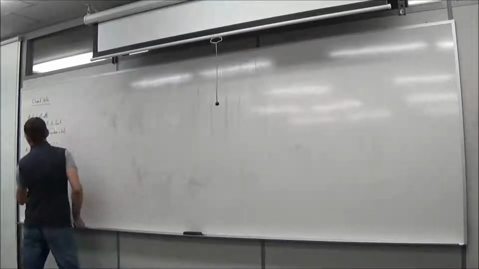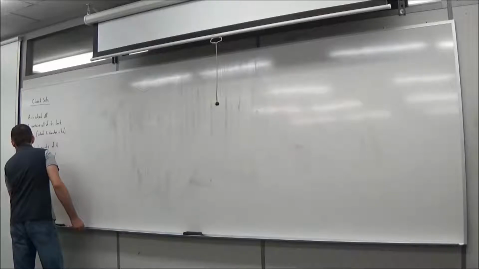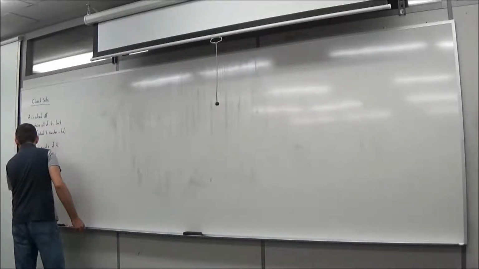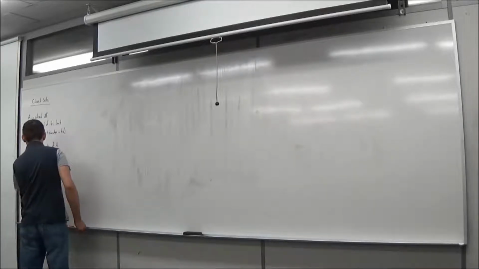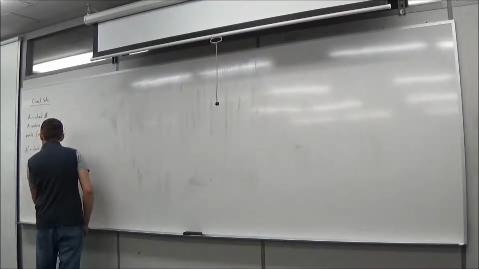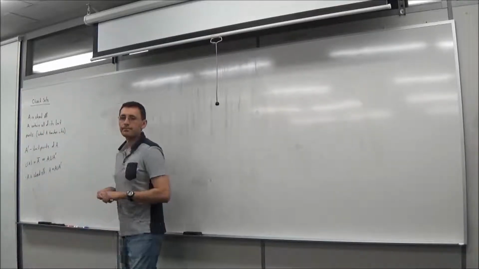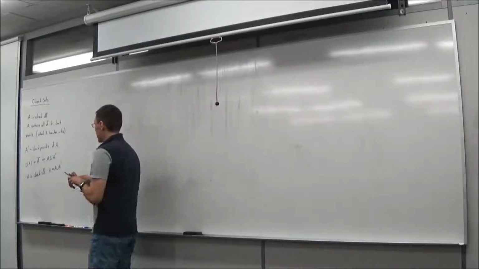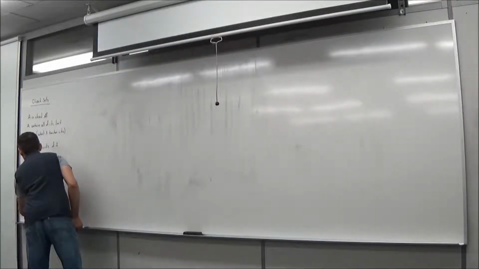And from there it's clear that A is closed if and only if A is equal to A union A prime, which is then the same thing as saying that A has to equal its closure.